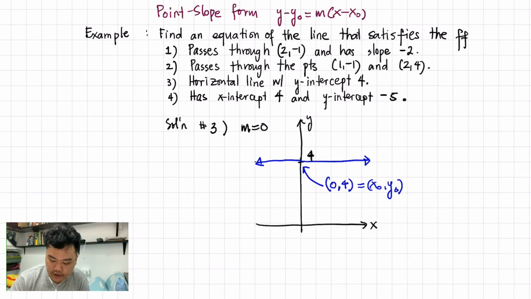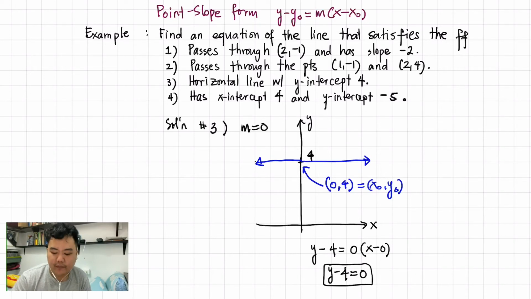So, an equation is y minus y naught equal to the slope times x minus x naught, or y minus 4 equal to 0. Or you can write it as y equal to 4. So any of those two answers are correct.